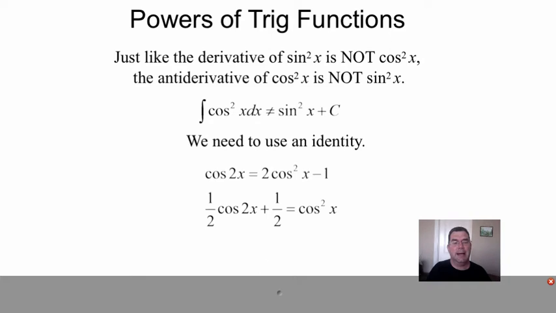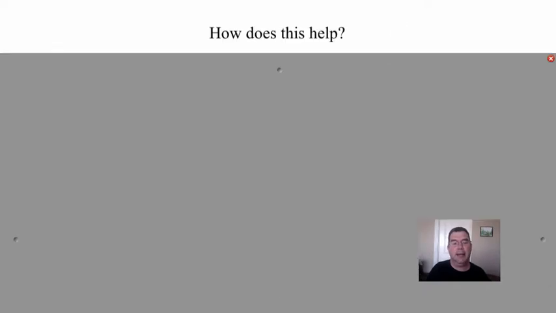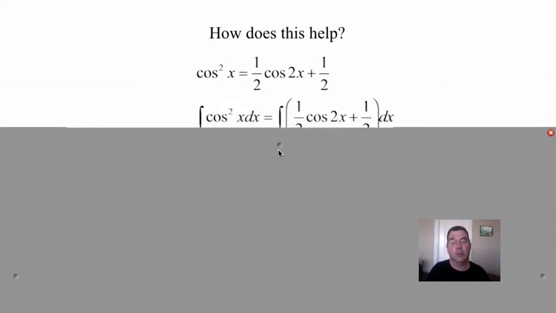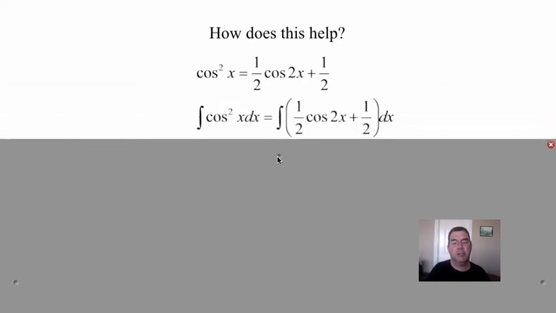Okay, well, how does that help me? That helps me because now, instead of taking the antiderivative of cosine squared, which I have no idea how to do, I can take the antiderivative of something that's equivalent to it all the time. That's what an identity is. So instead of taking the antiderivative of cosine squared x, I'm taking the antiderivative of 1/2 cosine 2x plus 1/2, because they are exactly the same thing.